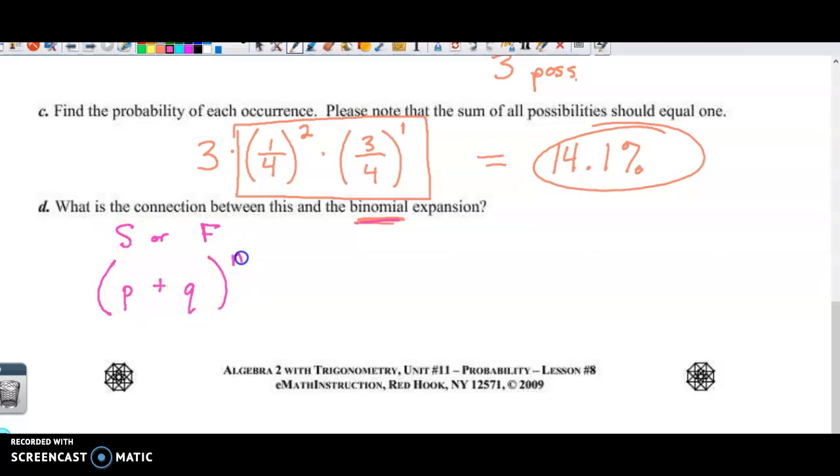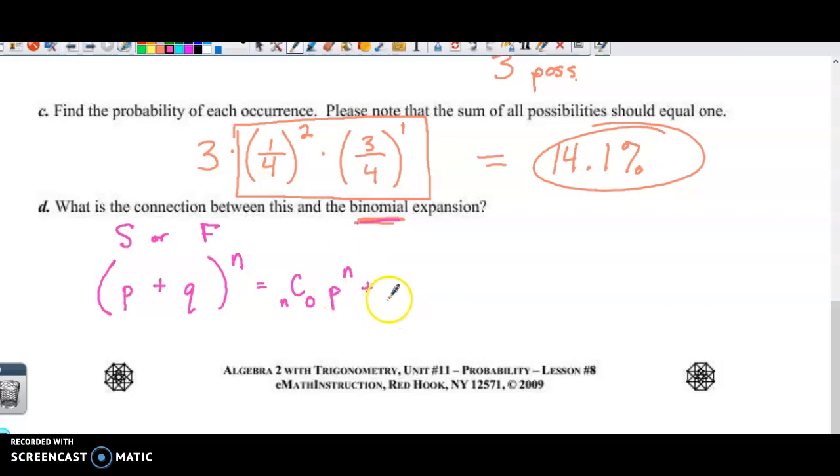But as you take it to the nth power, what you could do then is realize that you could have all situations be a success. If all of the situations are a success, that means that you have nC0, because there's only one way for all things to be a success, and then you'd have to find the probability of success to the nth power.